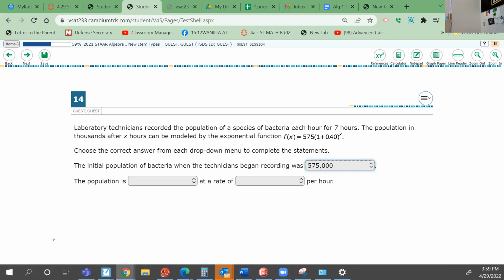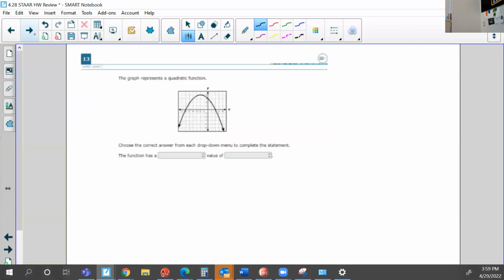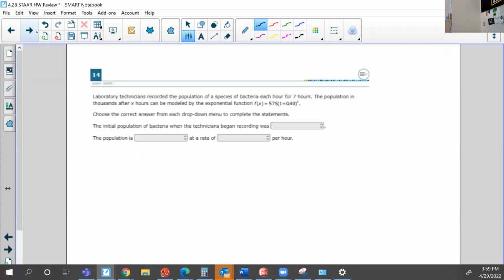Is the population increasing? Well, remember now, this is a very good one. Let's go back to the drawing table. Remember, f of x is equal to 575 times 1.4 to the x.